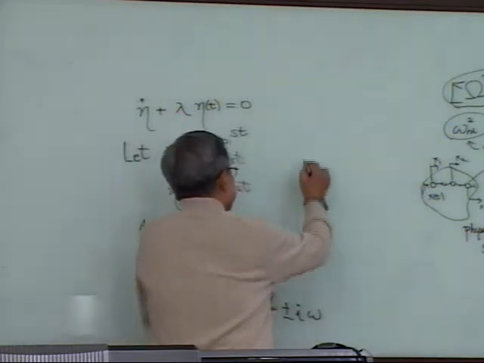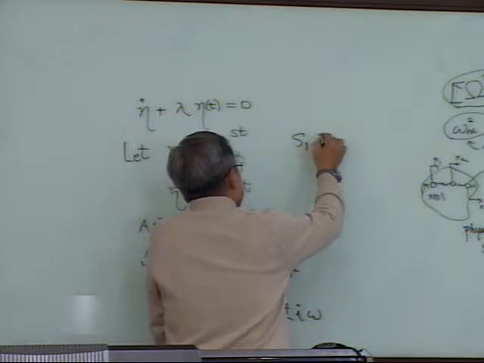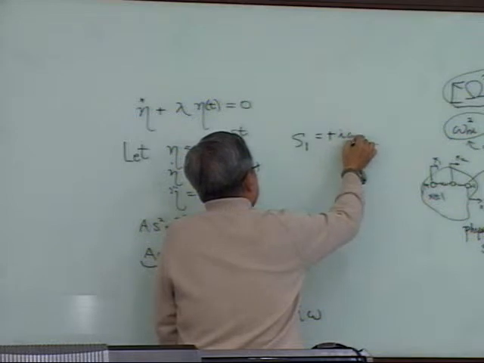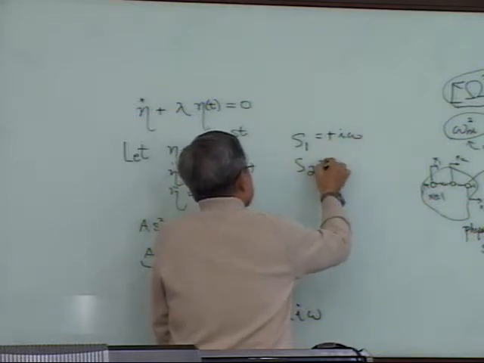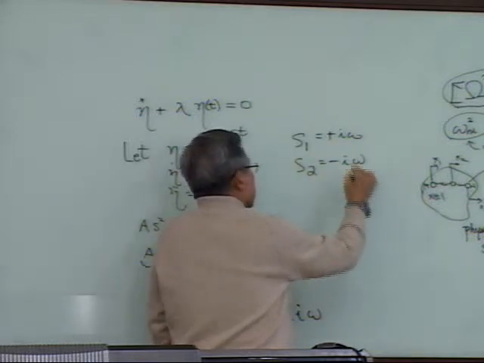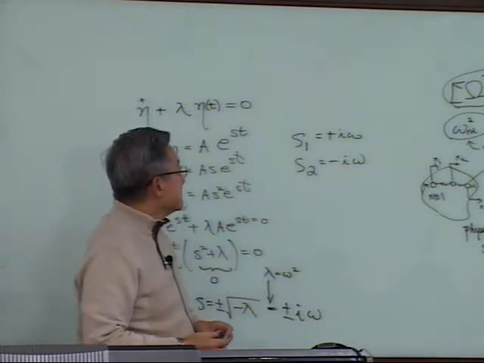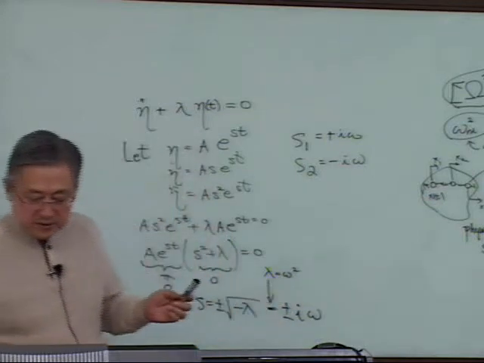So for the roots, s1 is equal to plus i omega, s2 is equal to minus i omega. That's what the roots are.